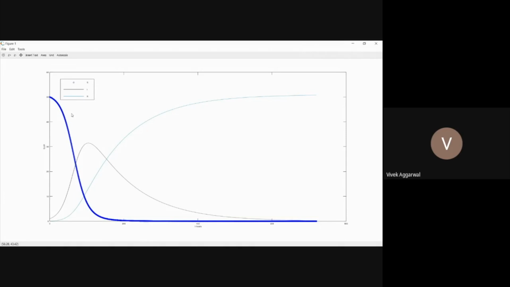Now you can take different values of the initial conditions and the parameters beta and gamma, and then you can solve and have different types of figures. So let's take another example. I will take some different values here.